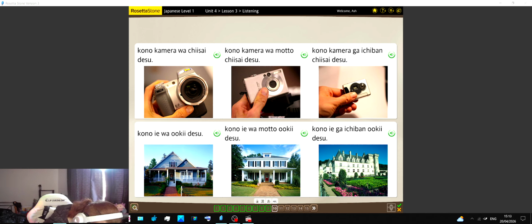This pen isn't that great. Let's go from there. So chisai is small, tiny, or littlest. And then I'm going to go oki desu, and oki is just big, large.